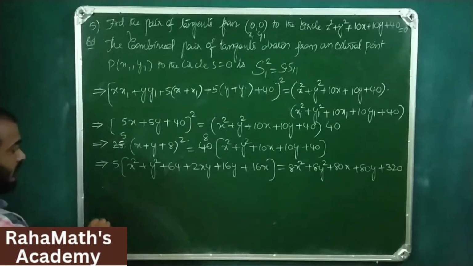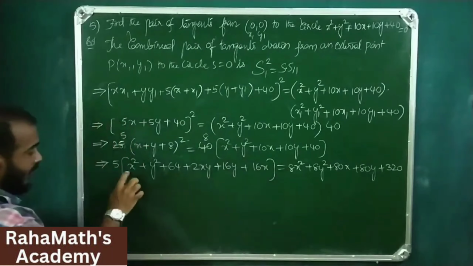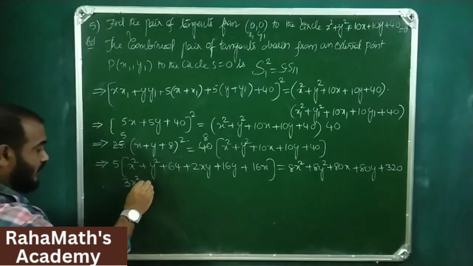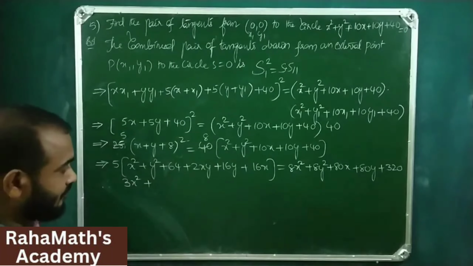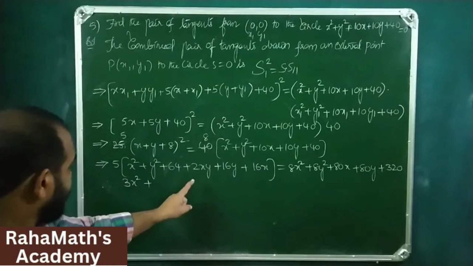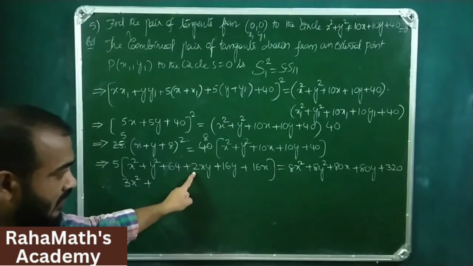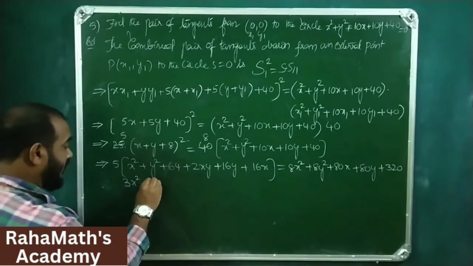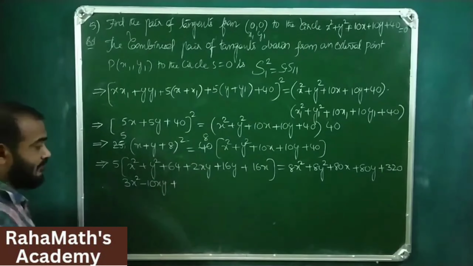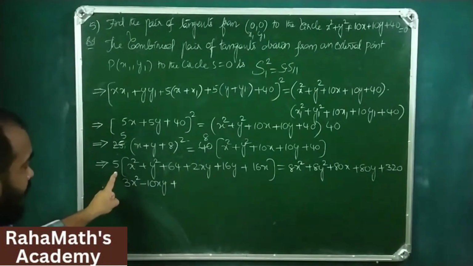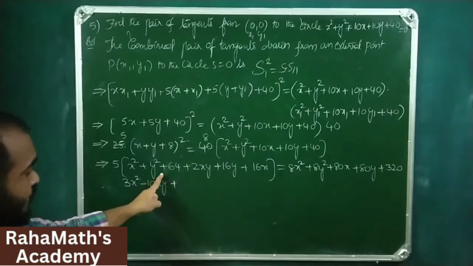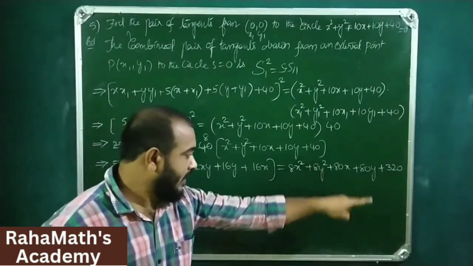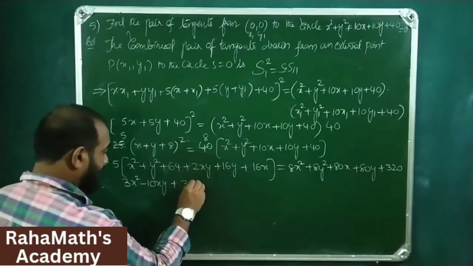Therefore 8x square minus 5x square, which is 3x square, plus 5 2s are 10xy. If I transpose that side, that is minus 10xy, plus 5 into y square, 5y square, 8y square minus 5y square is plus 3y square.